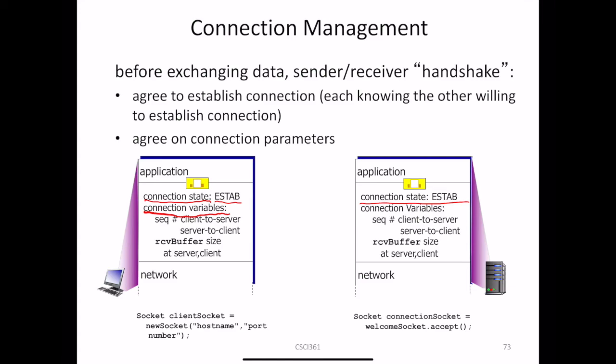Each side will also set the receiver buffer size, because both the client side and the server side need to receive data from the other side. And each side will prepare a socket in order to establish the TCP connection later on.